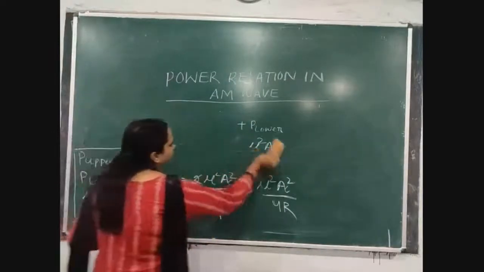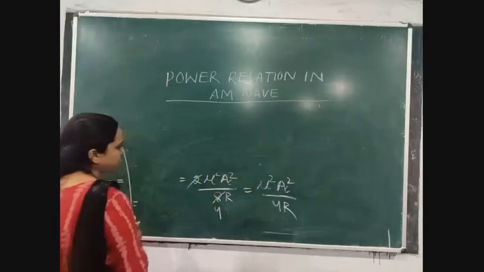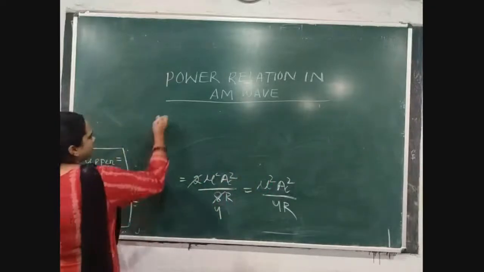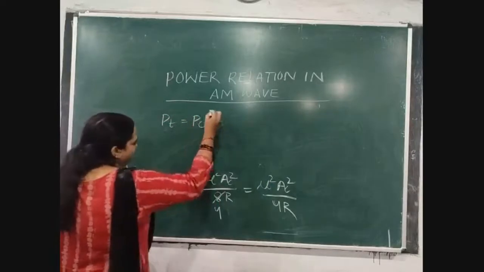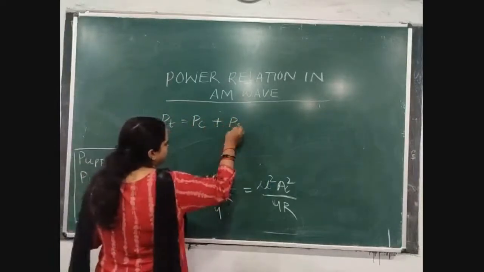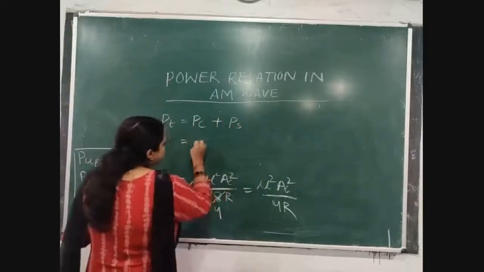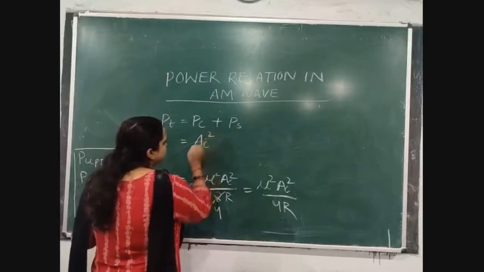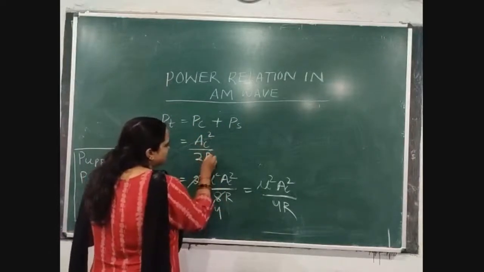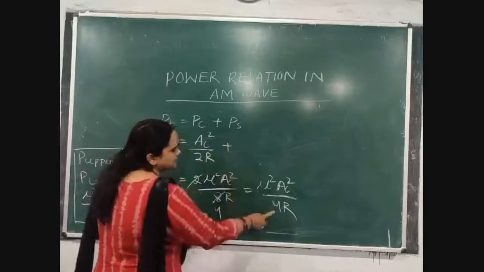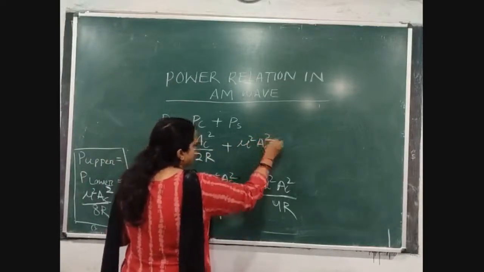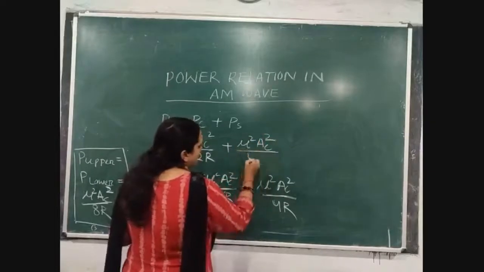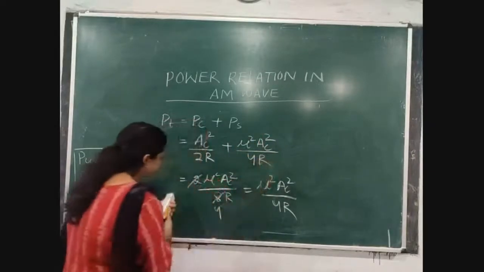So PT equal to PC plus PS. So PC is AC square by 2R plus PS is mu square AC square by 4R.